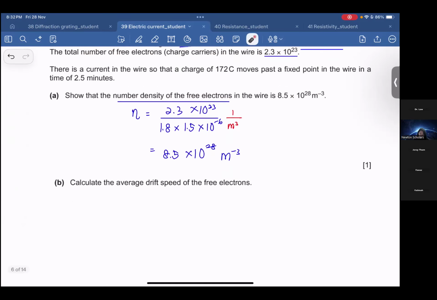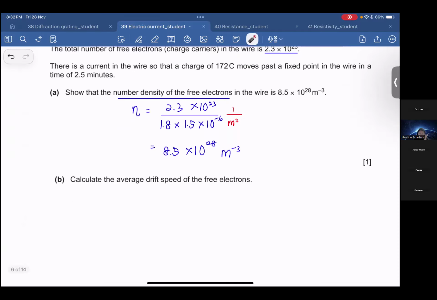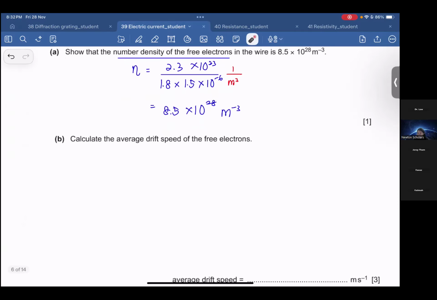Okay, for B, can you do the calculation right now? Do your own calculation.